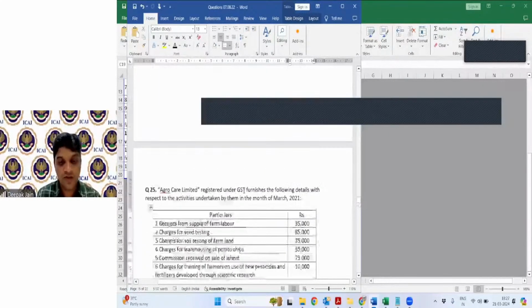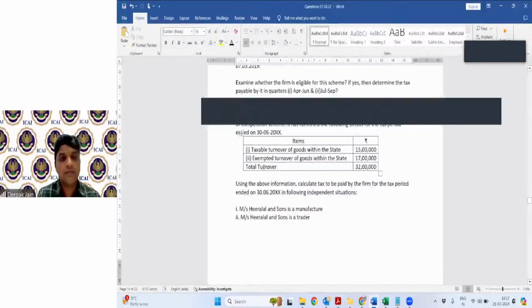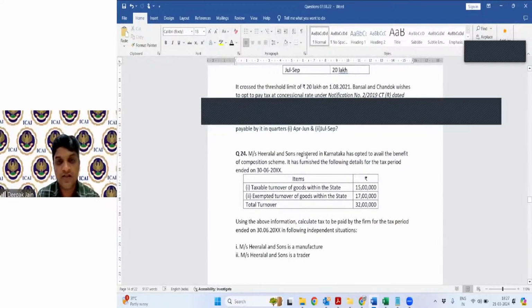Yeah, question number 24, which I had forgotten. Question number 10 says, Messrs. Hiralal and Sons, registered in Karnataka, has opted to avail the benefit of composition scheme. It has furnished the following details for the tax period ended on 30th June 2000. Taxable turnover of goods within the state is 15 lakhs.